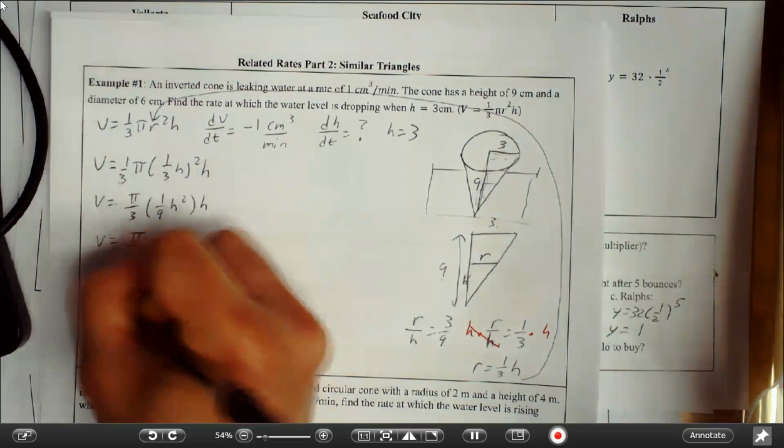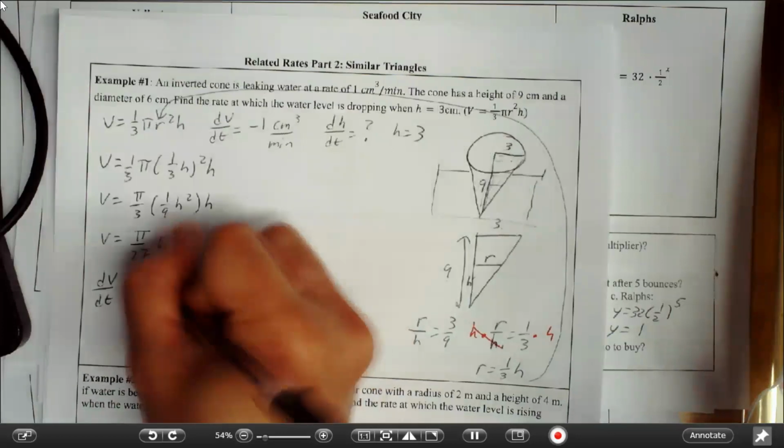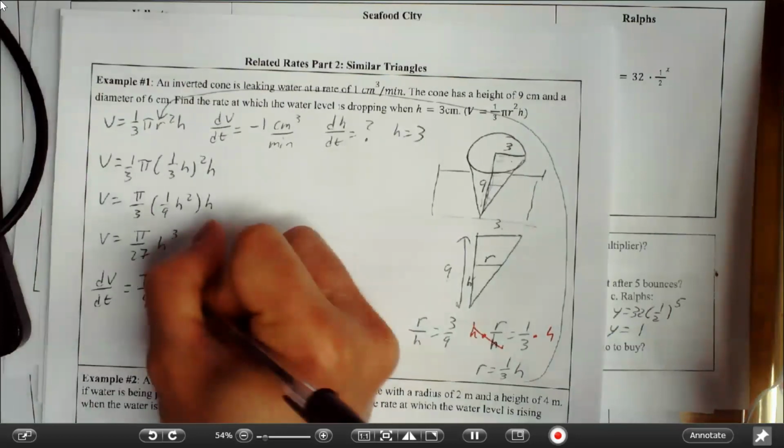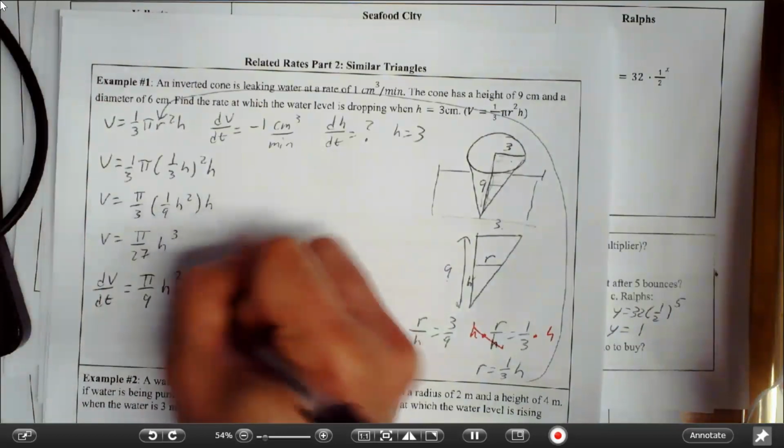We are going to differentiate dV dt. Okay, now we're going to do our power rule. What's 3 times pi over 27? Which reduces to what? Pi over 9, right? And then this becomes H squared dH dt.